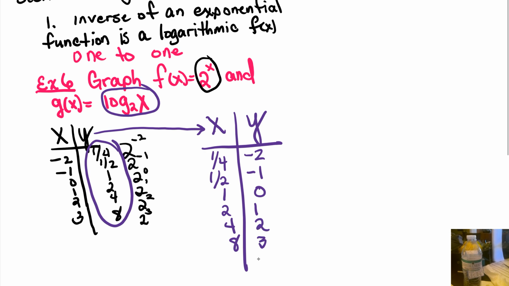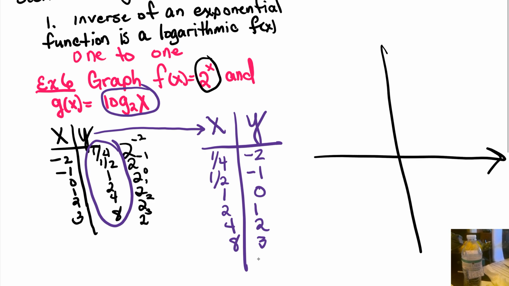Okay? And when you graph it, you're going to see right here on the graph that the original function starts with -1, -2, then 0, and then I go to where x is 1, x is 2, x is 3, and this goes as high as 8.